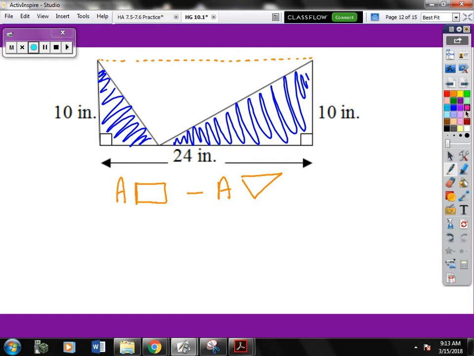The area of a rectangle is just length times width, or base times height, which are 24 and 10. Which will give me 240.